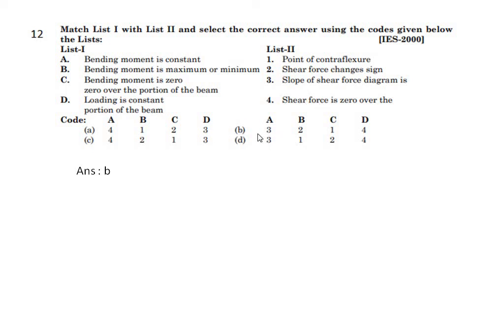You have to check whether it is B. Bending moment is constant, so the option is 3, so again it is a wrong answer. Please put it as A, right?